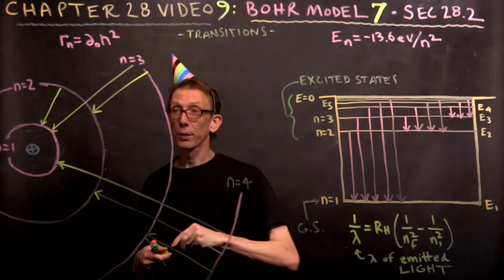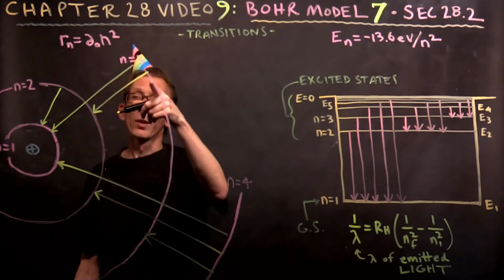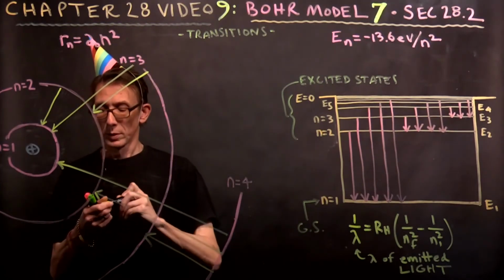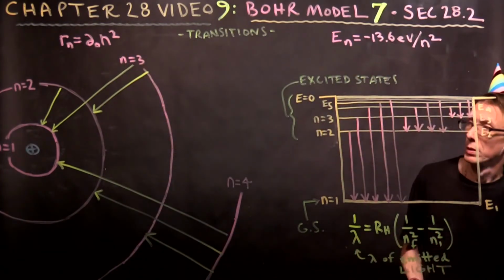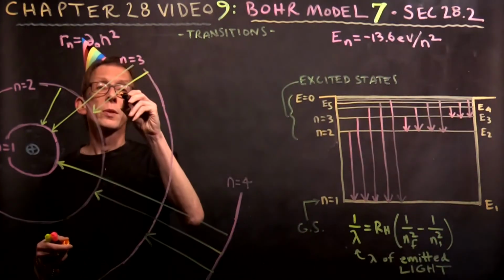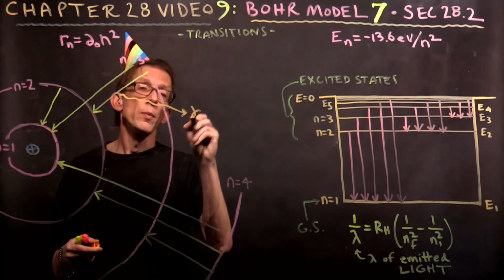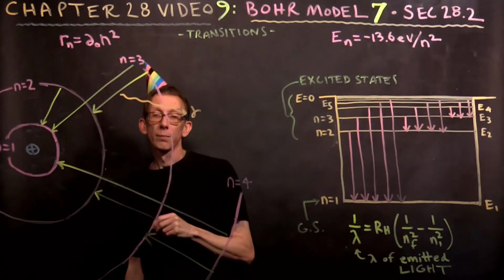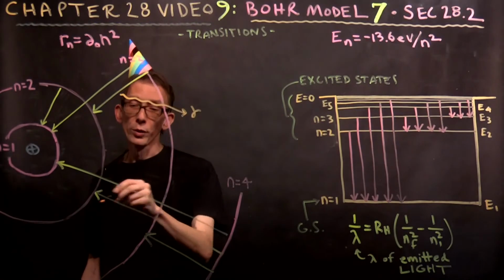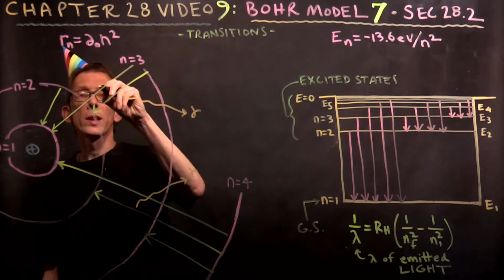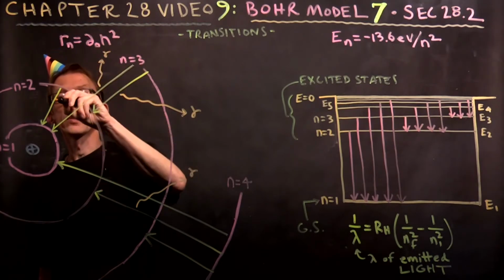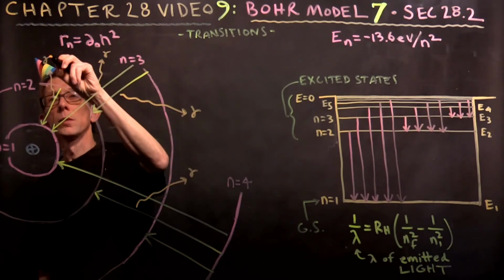So when this transition happens, from 3 to 2, boom, the atom emits light. When an atom goes from 4 to 2, the atom emits light. Each one of these transitions produces light.